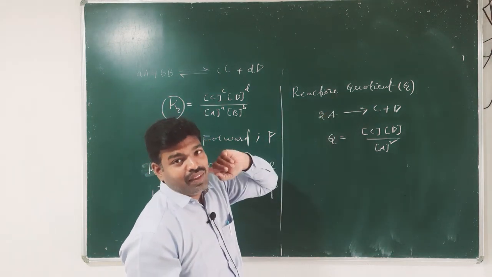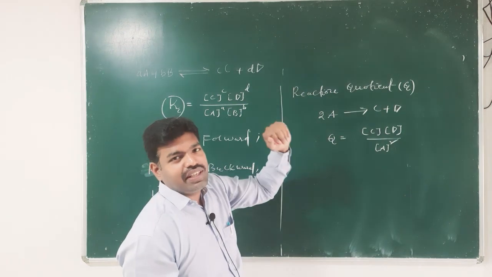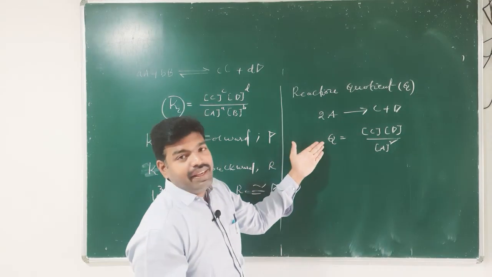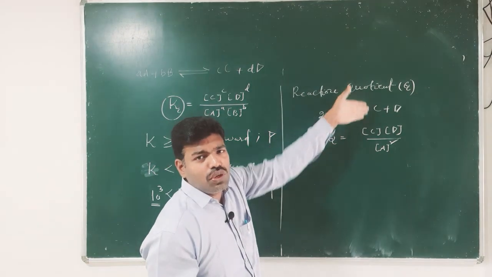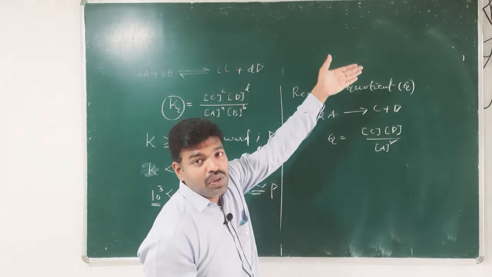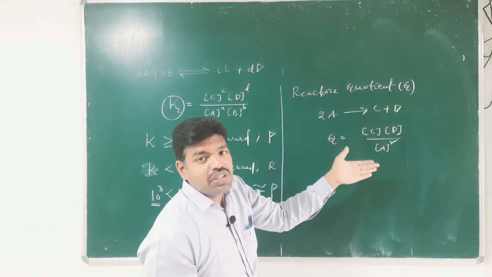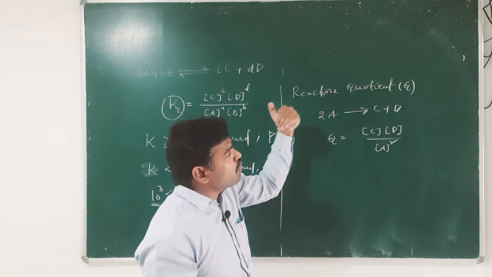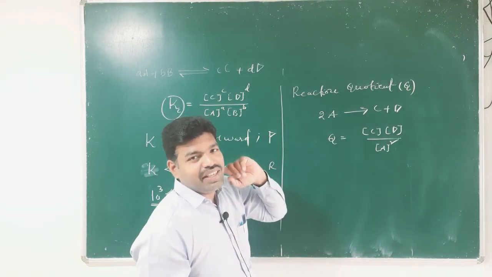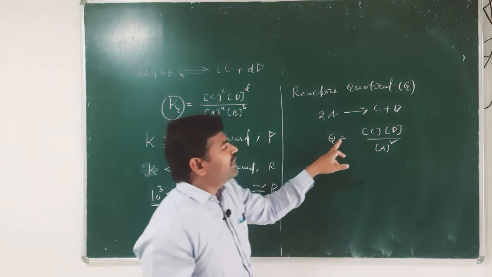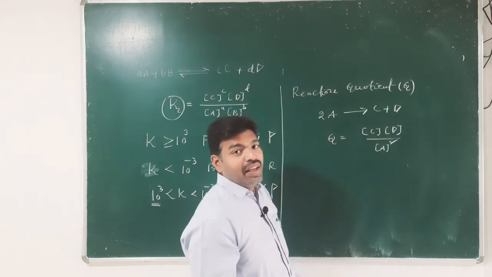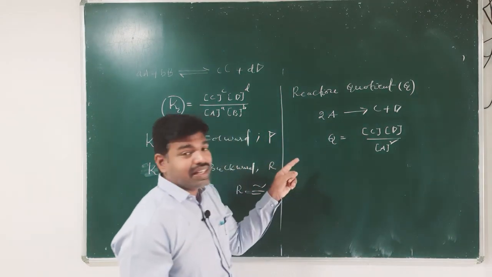How can we define the equilibrium constant? Equilibrium constant K is a ratio of concentration of products to concentration of reactants. So reaction quotient is also defined similarly: Q is equal to concentration of products by concentration of reactants. But what is the necessary condition?